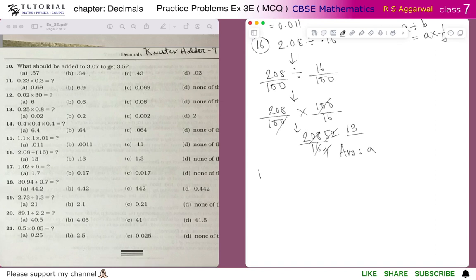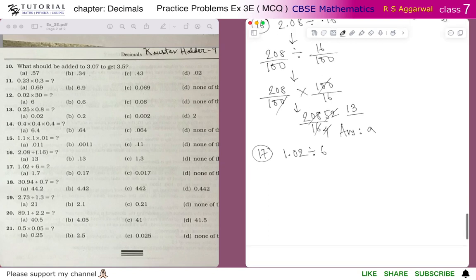Okay, let's do 17. It is asking 1.02 divided by 6. So now 6 is a whole number. We have discussed the division of a decimal number by a whole number. What do we do?